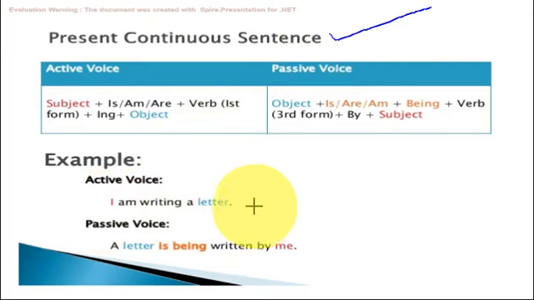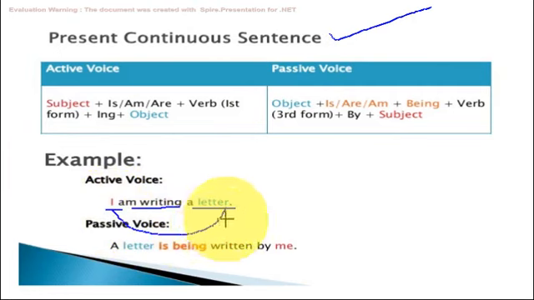Now our second rule says divide the sentence into few parts. I is our subject, am writing is verb, and a letter is object. See, subject is I, am is are, verb first form ing. This entire part am writing is verbal part, and a letter is object. Now our next rule says subject becomes object.